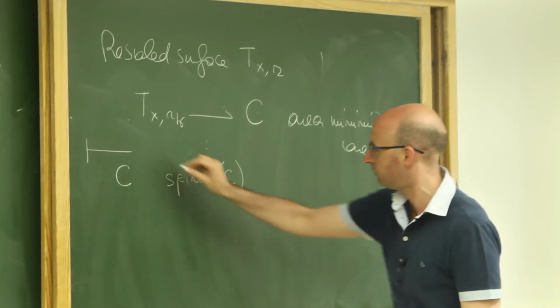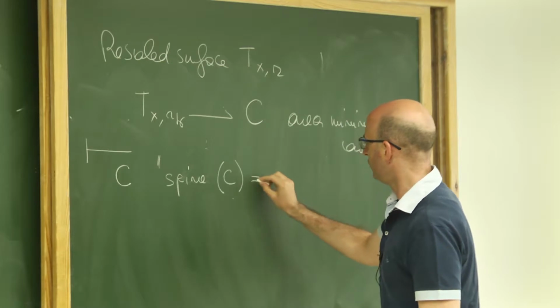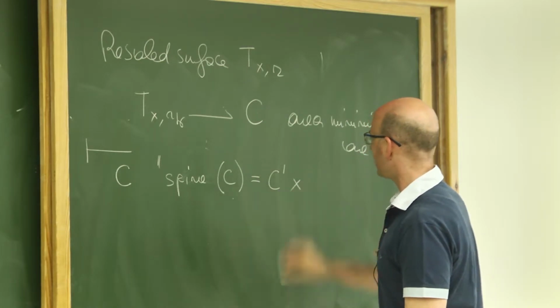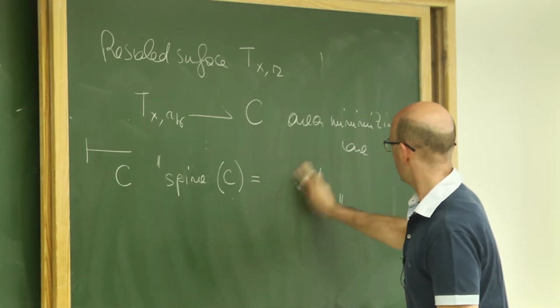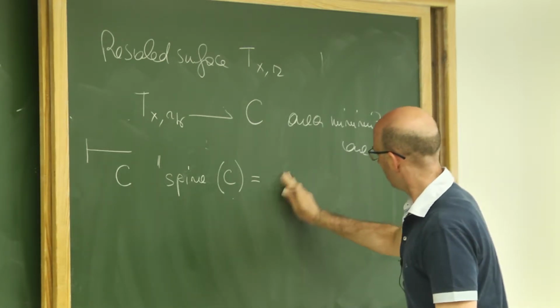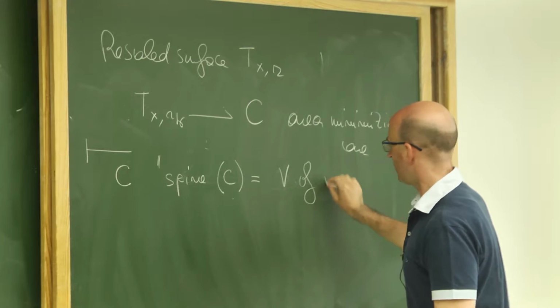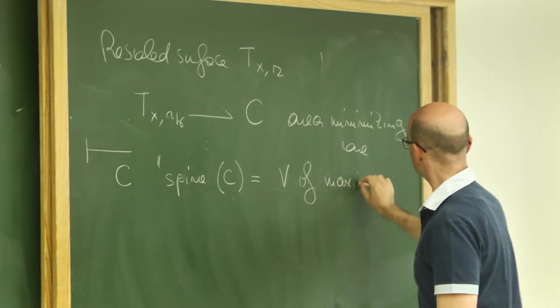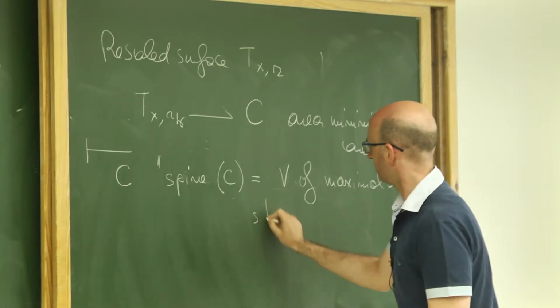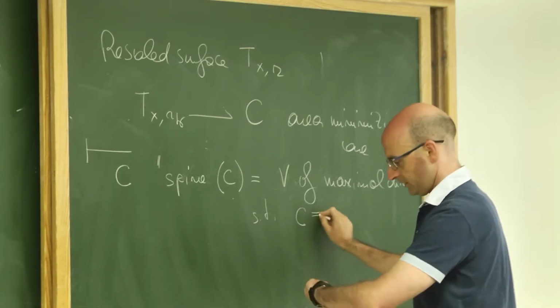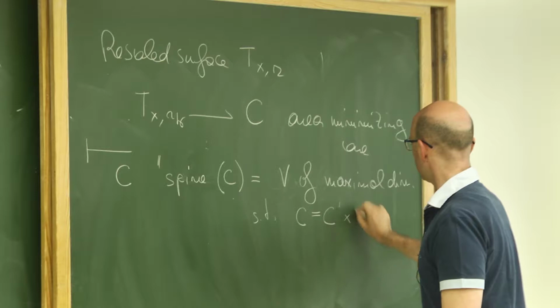Here I would need to use the language of currents. So it is the V of maximal dimension such that C is equal to a cone C prime times V.